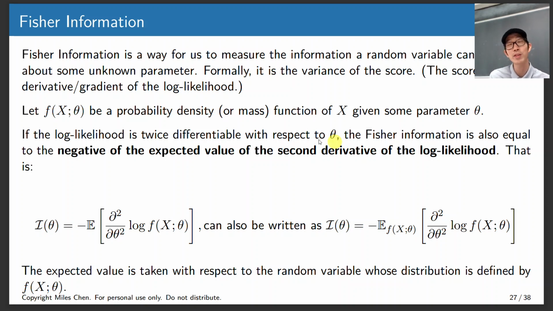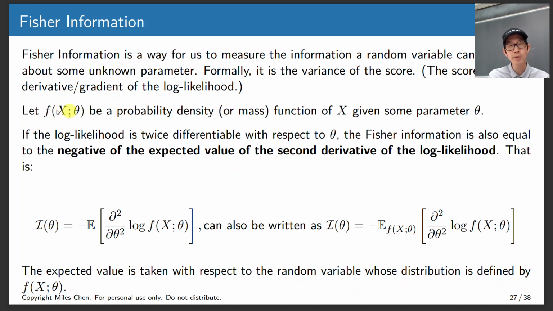So if the log likelihood is twice differentiable with respect to your unknown parameter, then the Fisher information is equal to the negative of the expected value of the second derivative of the log likelihood. We've been talking about the second derivative of the log likelihood, and the Fisher information is basically the expected value of that second derivative, but then you make it negative.